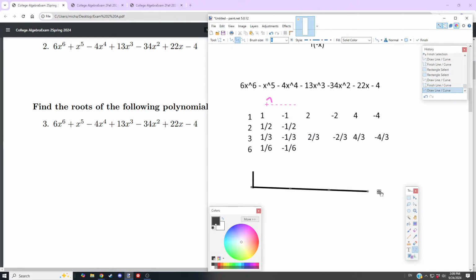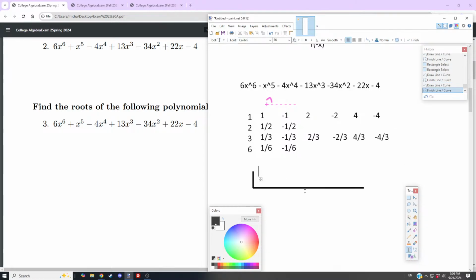There we go. Okay, so we are going to do synthetic division. We're going to start with the non-fractions, because those will be easier for us to do.